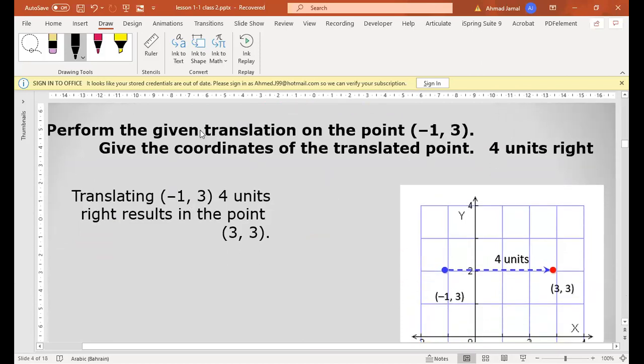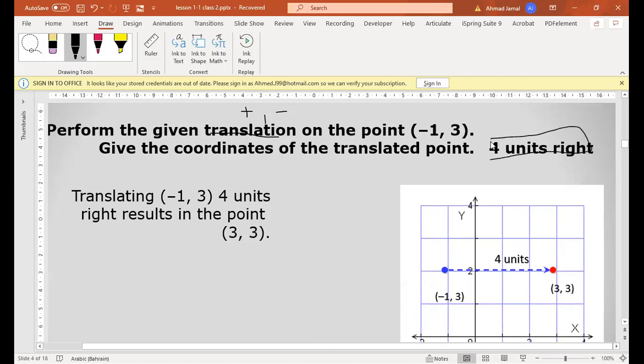Translation. What is the meaning of translation? The point changes in the x coordinate or y coordinate by using positive or negative. Let's complete: 4 units to the right.